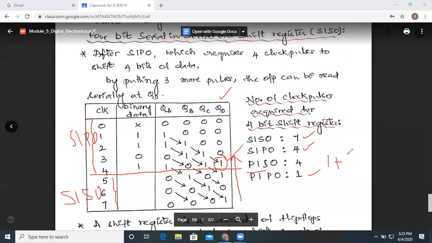So we must be very careful here. The reason this parallel in, serial out operation takes 4 clock pulses is that the first one is for loading the data. When we load the data, 1 bit is already available and we want the rest of the 3 bits. So for the parallel in, serial out operation, we require 4 clock pulses.